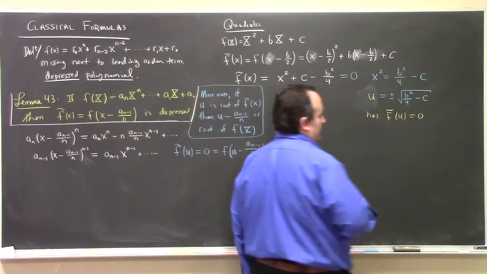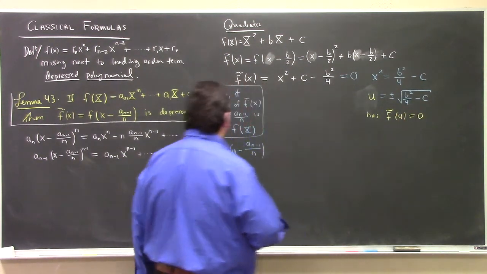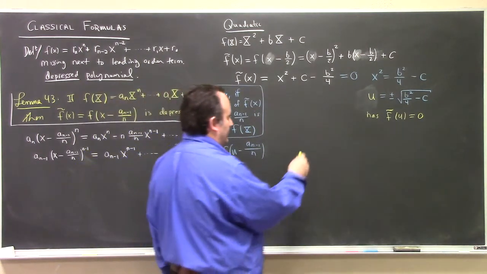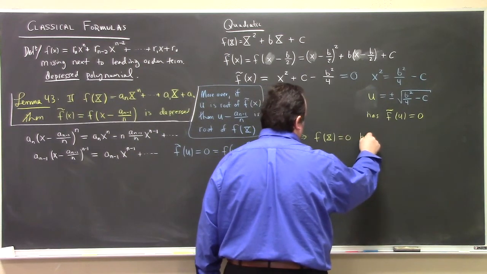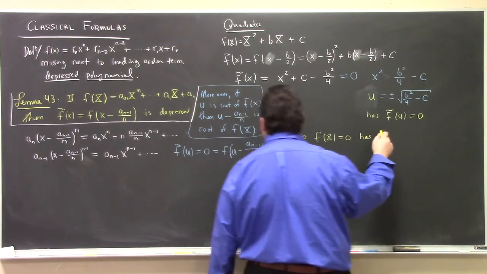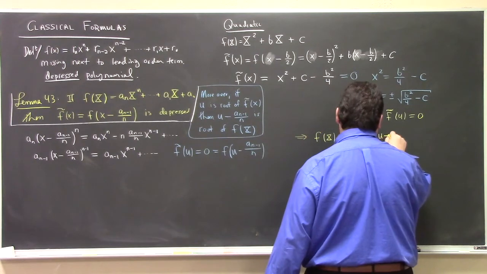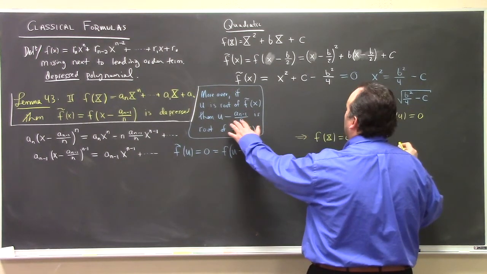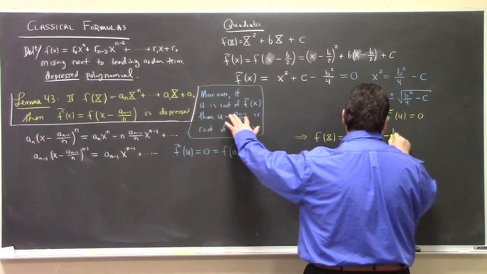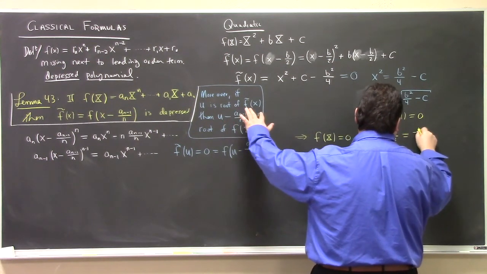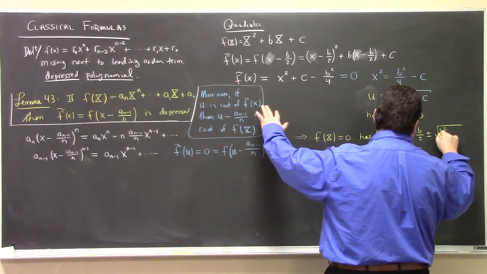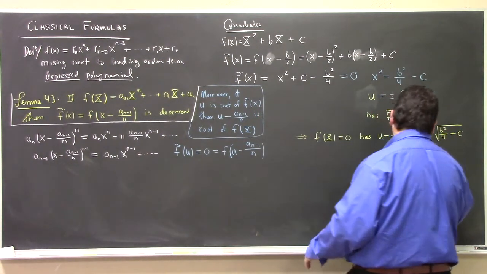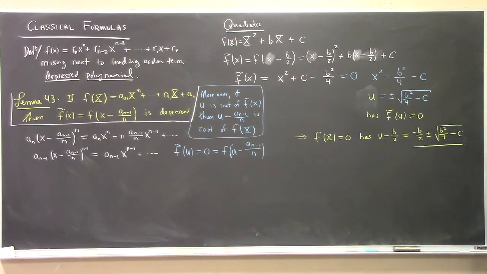So then what's the lemma say? What's the solution of f of x equal to 0? It's u minus b over 2, which of course is minus b over 2, plus or minus the square root of b squared over 4 minus c. And as you know, that's up to a scrambling of letters, just the quadratic formula.